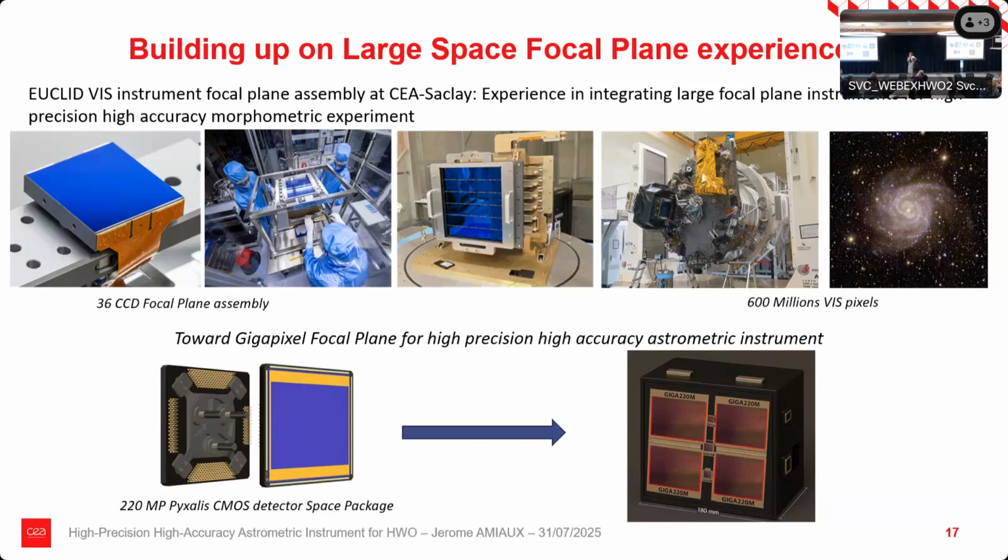And also we got a very nice picture with 600 million pixels, and we are now ready to go to the HWO project with a 220 megapixel Pixalis CMOS to go through to this high accuracy, high precision astrometric instrument. So thank you very much.